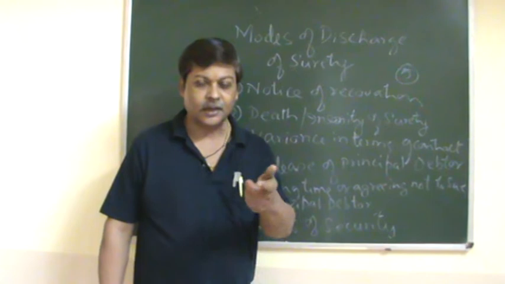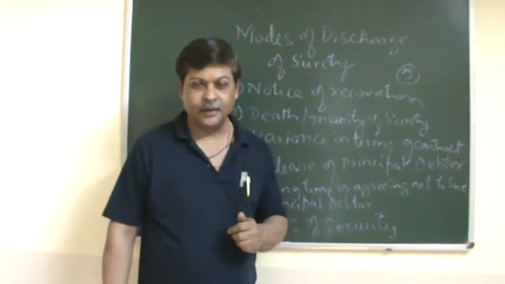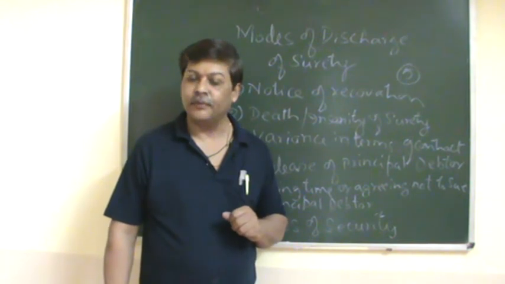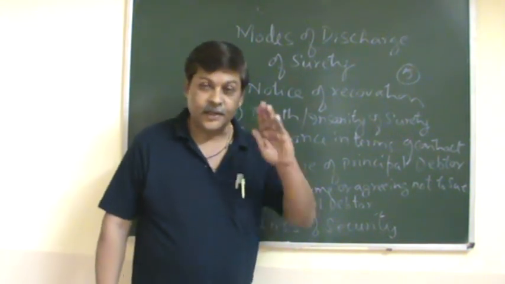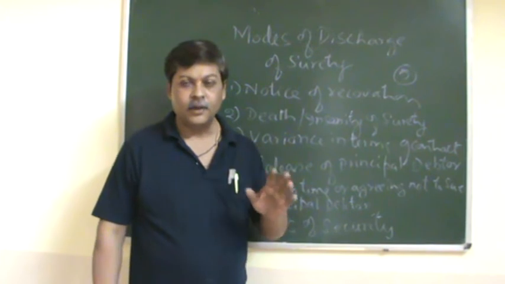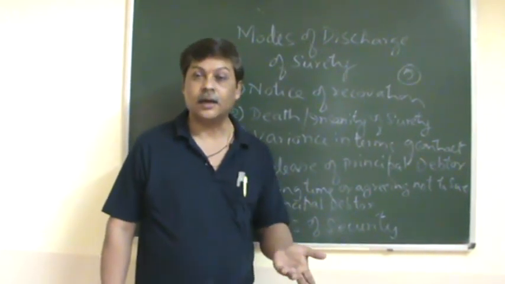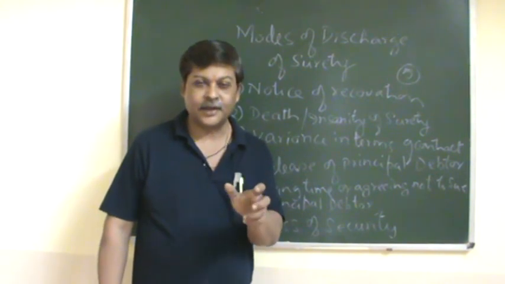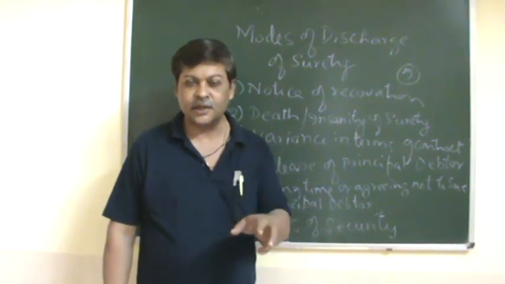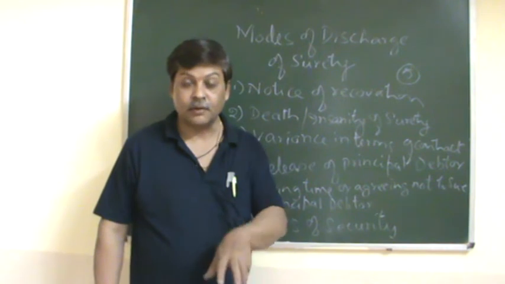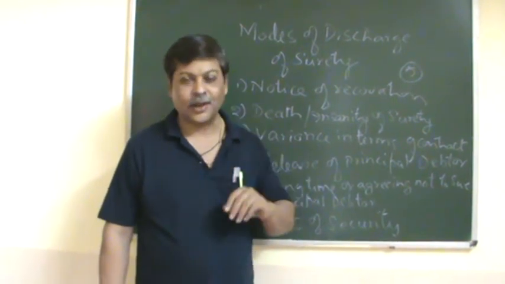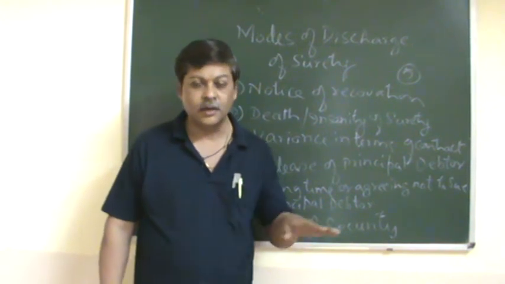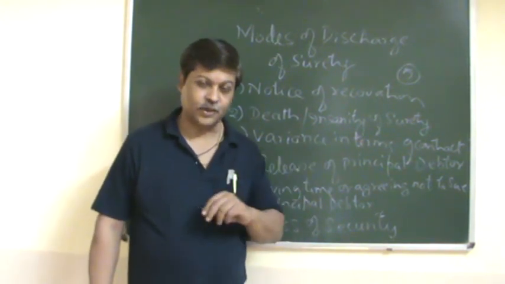It is not about typing errors, like a comma or full stop. That is not a variation. It should completely change the nature of the contract. Suppose the principal debtor and the creditor change the terms of the contract among themselves without the knowledge of the surety, the surety is said to have been discharged, as those terms and conditions are not applicable to the surety.